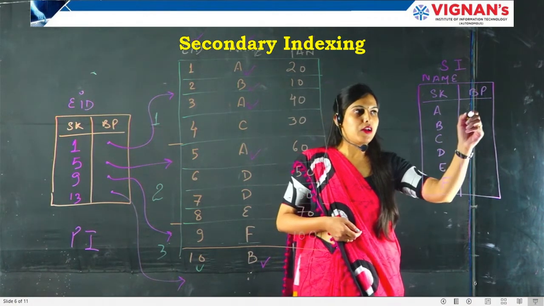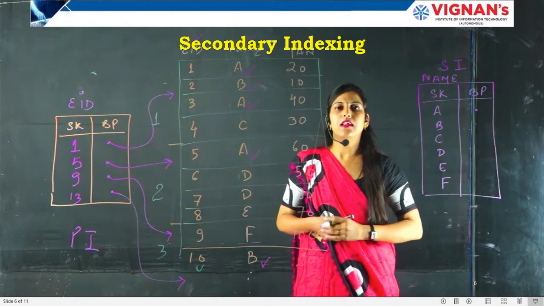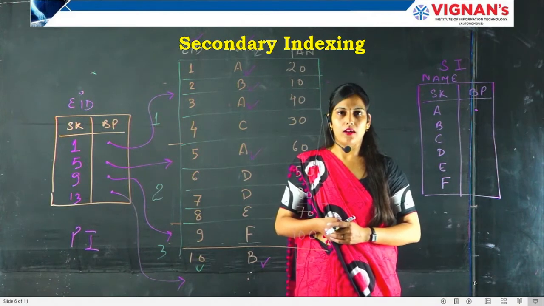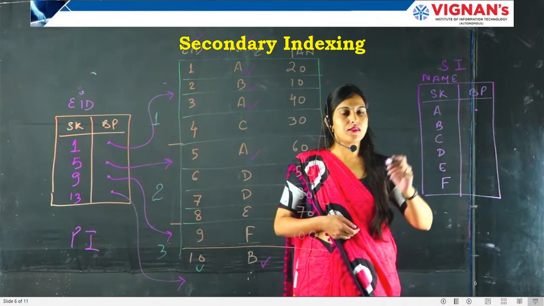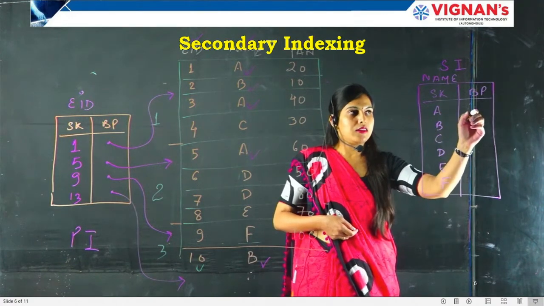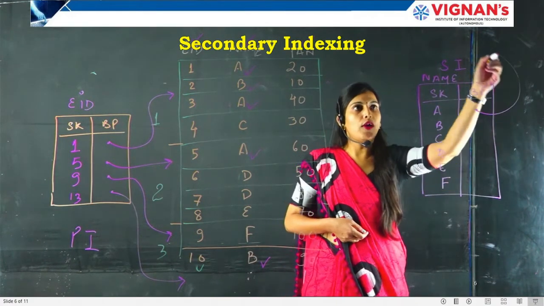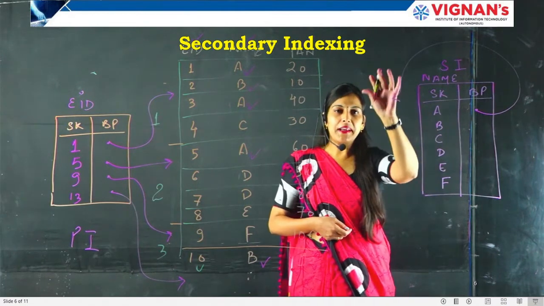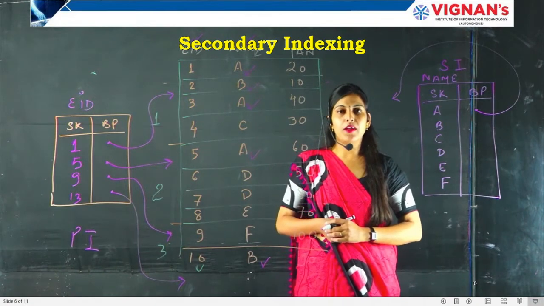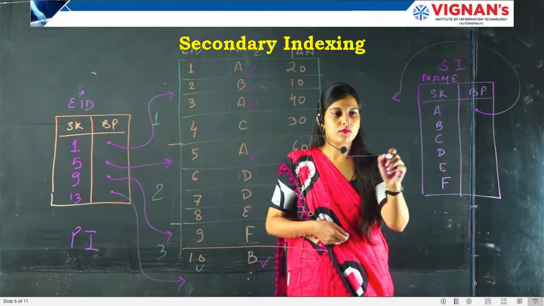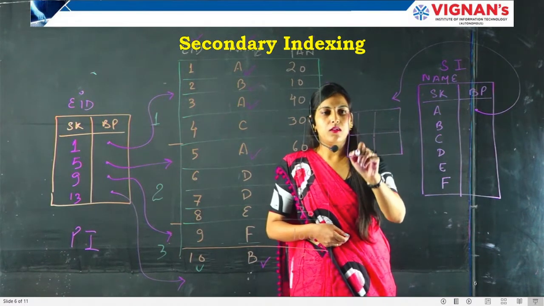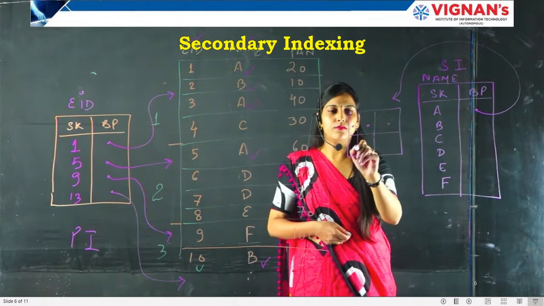So whenever a query comes, for example select star from employee where employee name is equal to A, what will happen in that case? My index table will be searched and then the block pointer will point towards an intermediate layer. Here we have an intermediate layer which will have blocks, and each block will have record pointers.